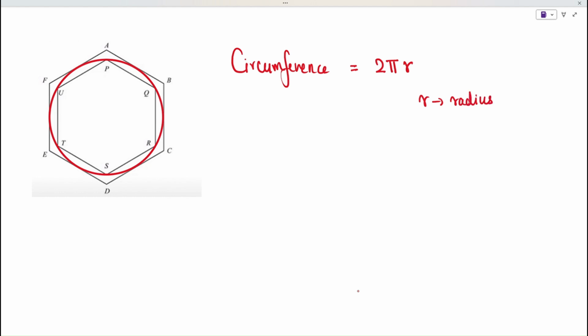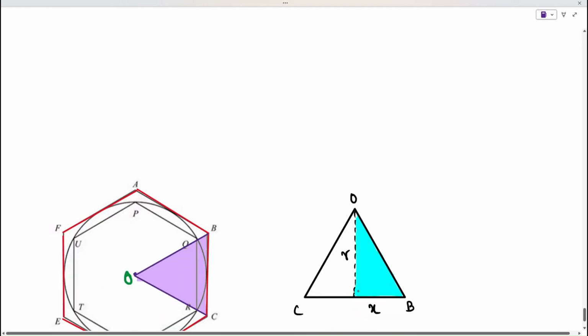Since we have the length of r already as r, we don't have to change much in this equation, and we can just have our circumference with the equation of 2 pi r, and we can keep it like that. Next, we will move on to the outer hexagon.